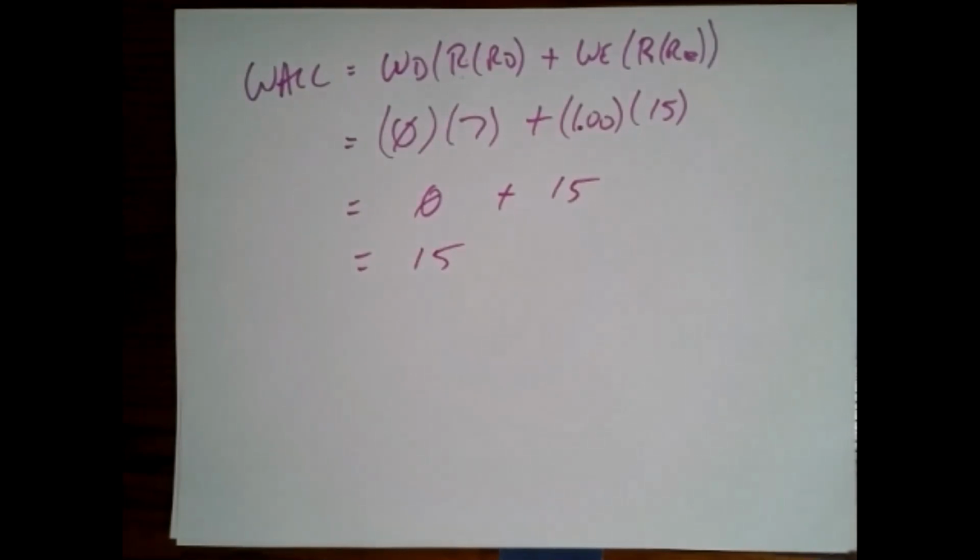So I have a question for you. What do I do with that weighted average cost of capital? What do I use it for? We've referred to it as what in the past? Got a couple of different words for it.